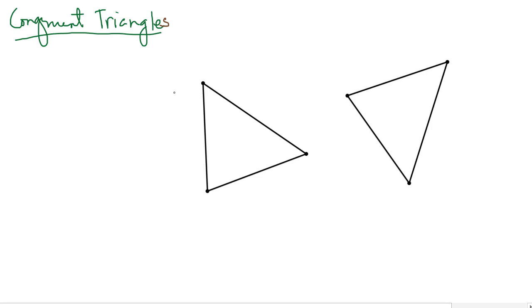The idea of congruency is a mathematical term, but it only means that a triangle ABC, and if I name this one DEF, the idea here is that the triangle ABC is congruent to the triangle DEF.